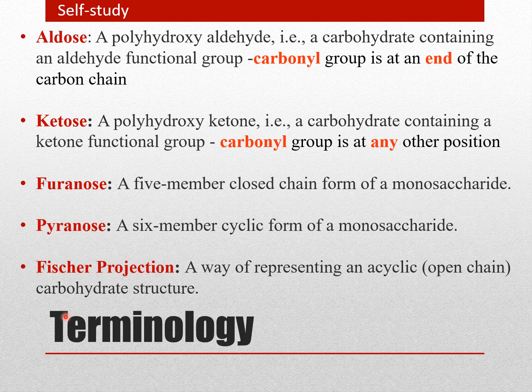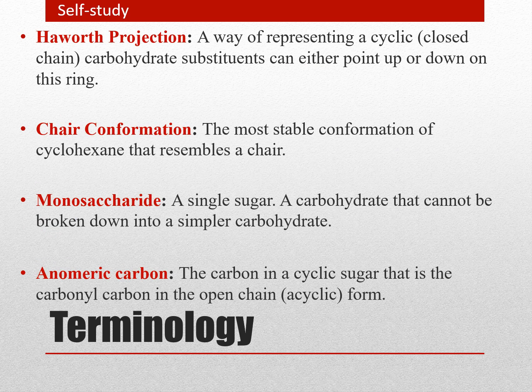This is the self-study, meaning that you should find out in detail what is the meaning of these terminologies, which we happen to already learn in the slides previously. That is aldose, ketose, furanose, pyranose, and also Fischer projection. I would strongly recommend for you to use AI if it is still a bit difficult to understand based on my description of these terminologies in the previous slides.